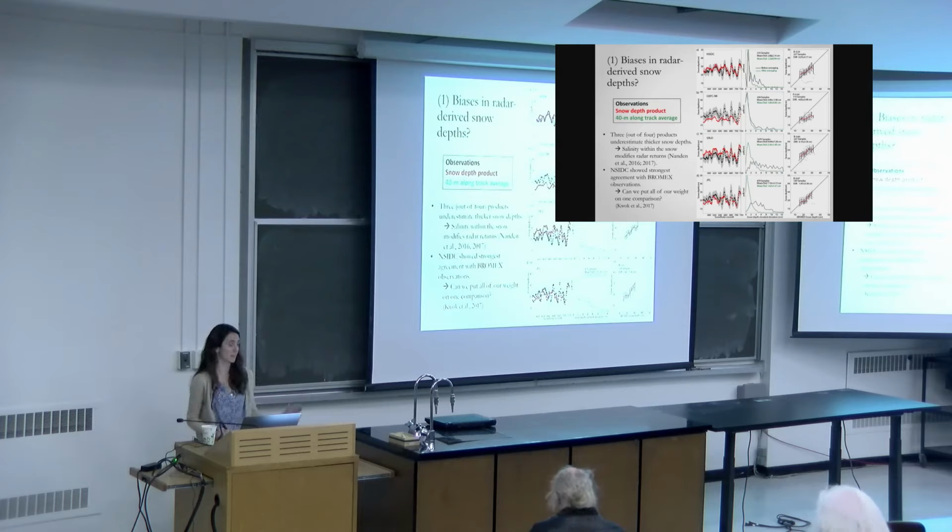And I should say that there are multiple snow depth products from this snow radar data, and the majority of them have this issue. On the other side of this, these snow depth products don't always capture thin snow. Some will omit any snow that's less than 8 centimeters thick, so they can be biased in that sense.